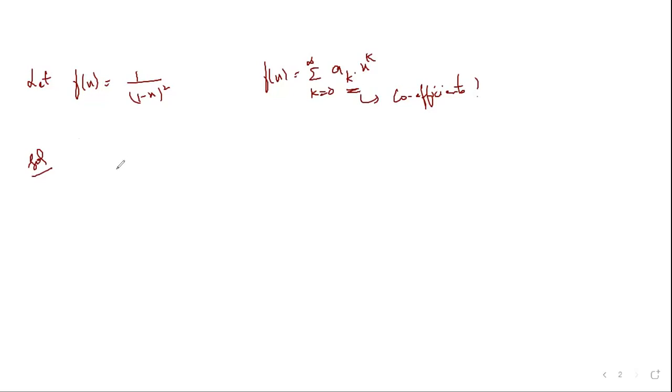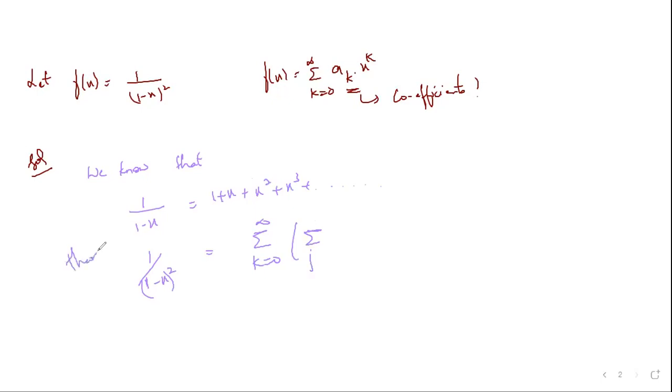So over here, we know that 1 by 1 minus x is equal to 1 plus x plus x square plus x cube and so on up to infinity. Now what will be 1 by 1 minus x whole square? It will be written as summation k is equal to 0 to infinity. We are using the theorem which I have shown you earlier.